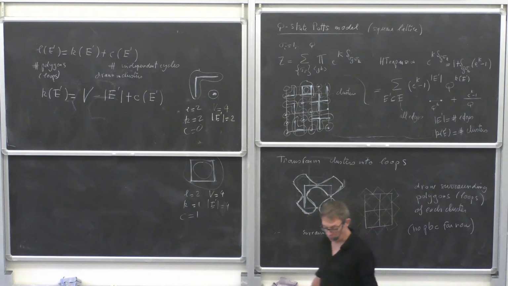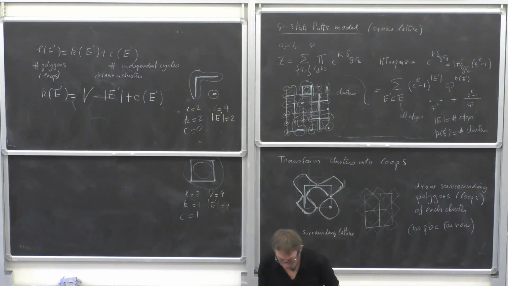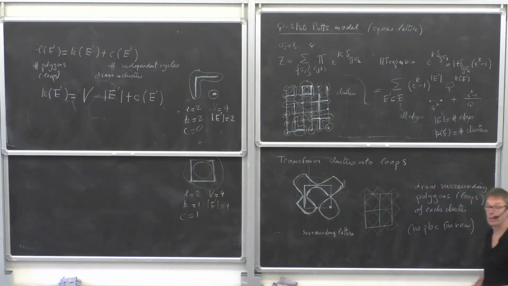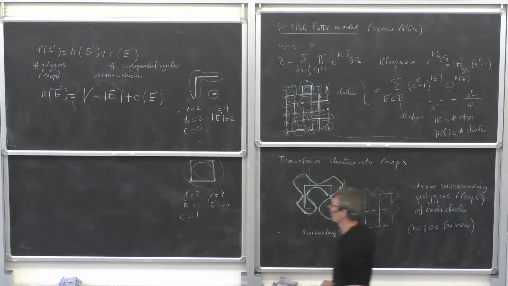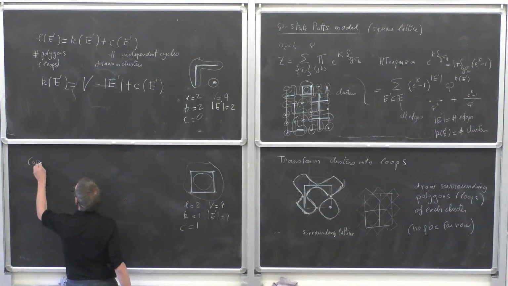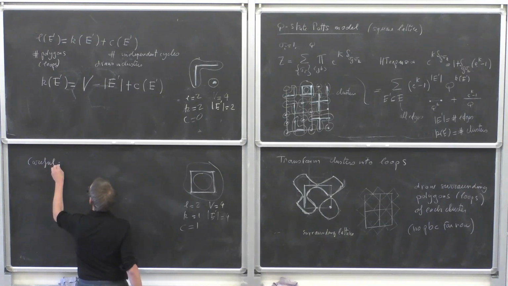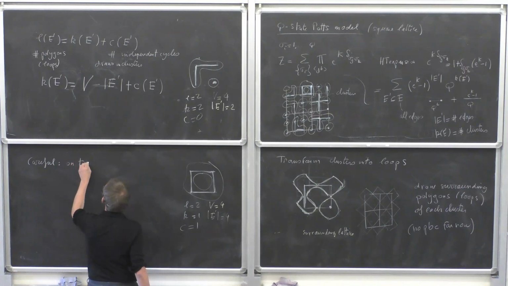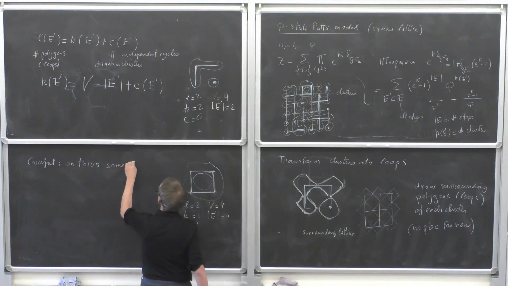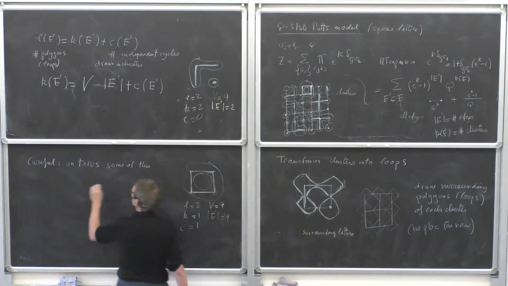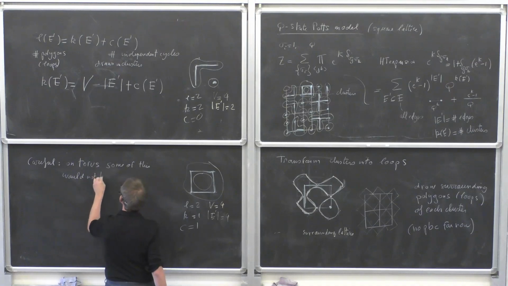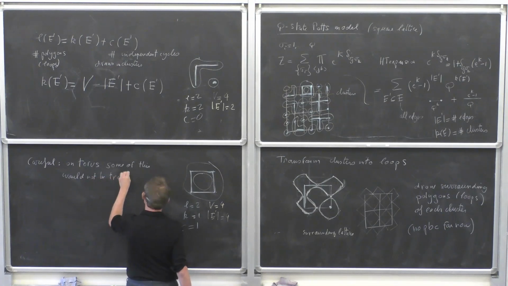So what's the point? Point number 1, be careful. If you were doing this business on the torus, these relations wouldn't be true. We will see later what is not true on the torus.